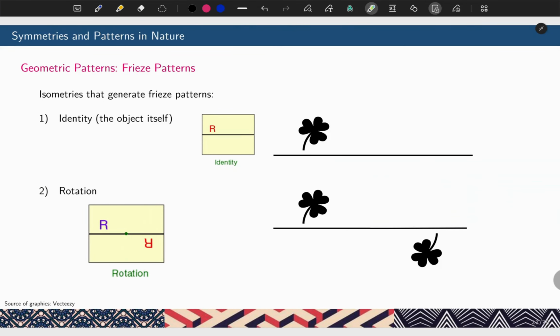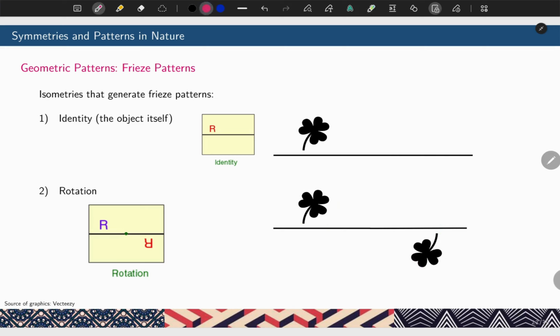First, identity. It is the object itself. Number 2, rotation. Take note that the flower here, when you rotate it about this point, you will get this vertical clover here. Correct?